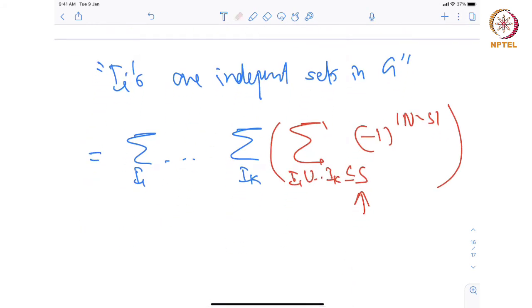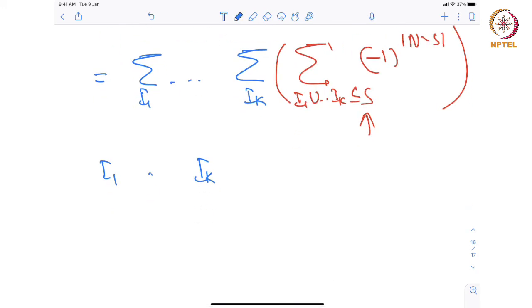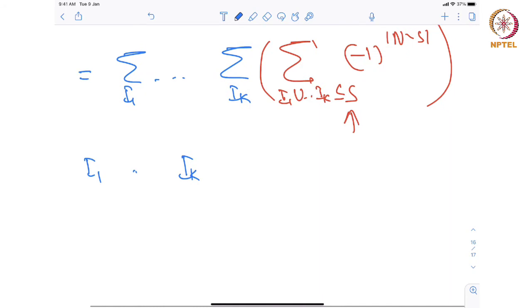Now let's fix some I1 to Ik, some k independent sets. Let's call R equal to the union of I1 to Ik.